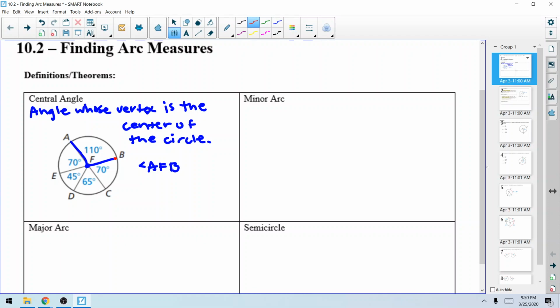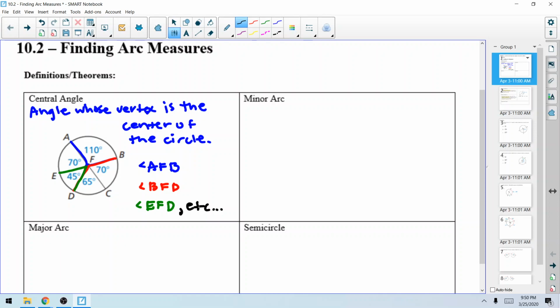We could do BFD. We could do angle EFD. And then I'm just going to put in here, etc. There are a lot of different options we could go with there, but those are all examples of central angles.